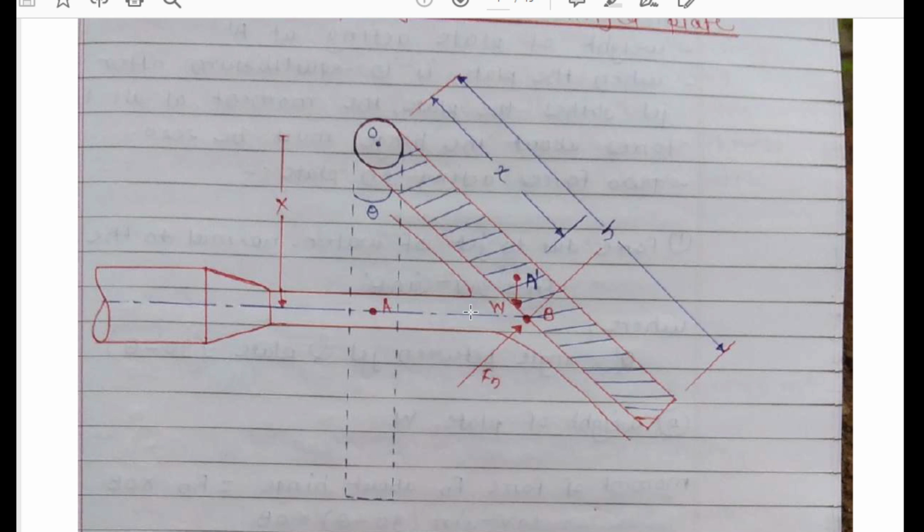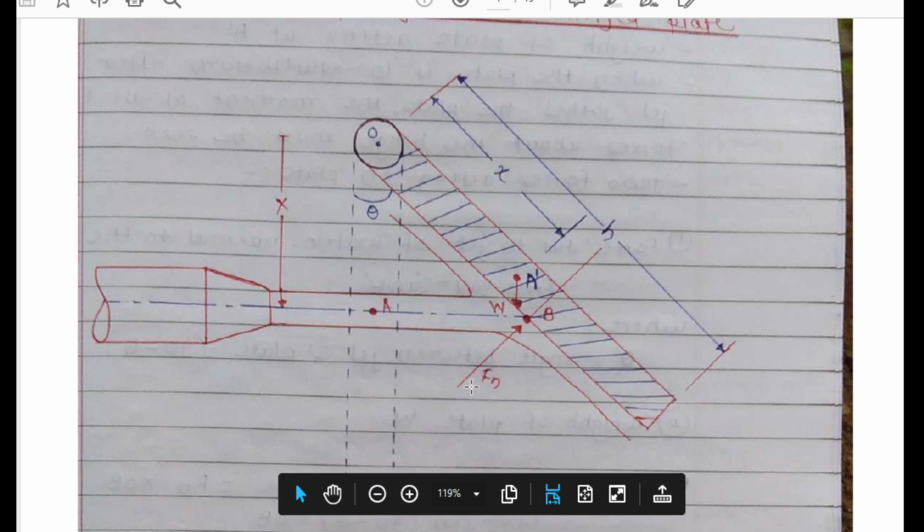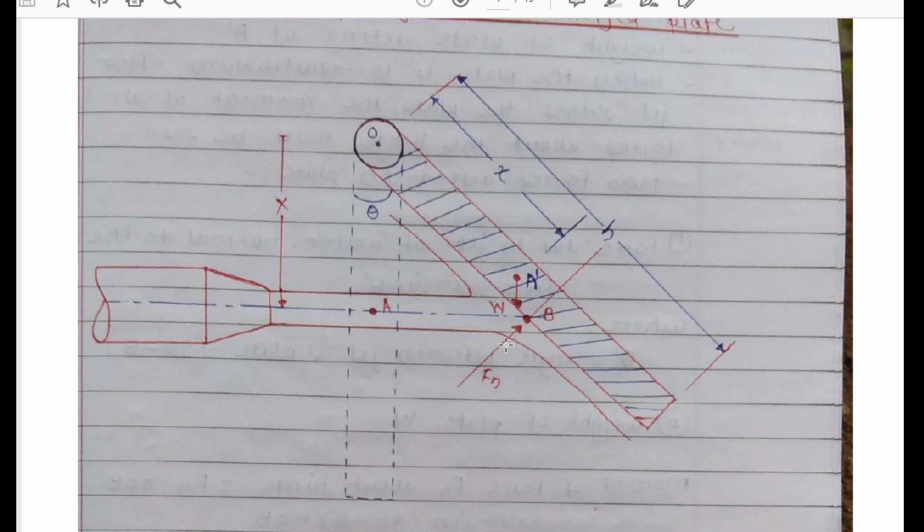If you remember the normal force, that means the Fn perpendicular force for the inclined plate, we calculate using the angle theta, that means the angle between the jet and the plate. In case of inclined plate, we have already studied that Fn equals rho a v square sine of theta, where theta is the angle between the jet and the plate.